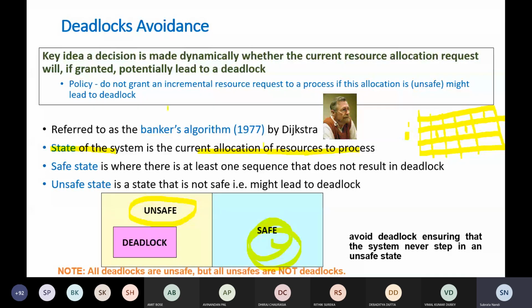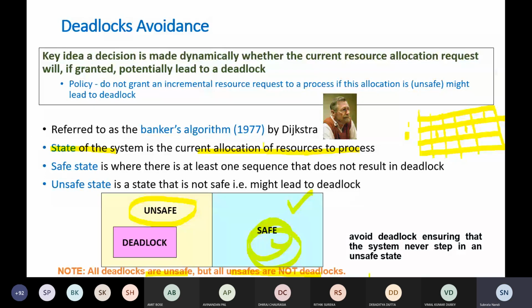That's why the strategy says that every time we check if the allocation request leads to a safe state, it is granted. If it is not leading to a safe state, it is unsafe, and the process which requested will be suspended. Okay, so all deadlocks are unsafe, but not all unsafe states are deadlock situations.